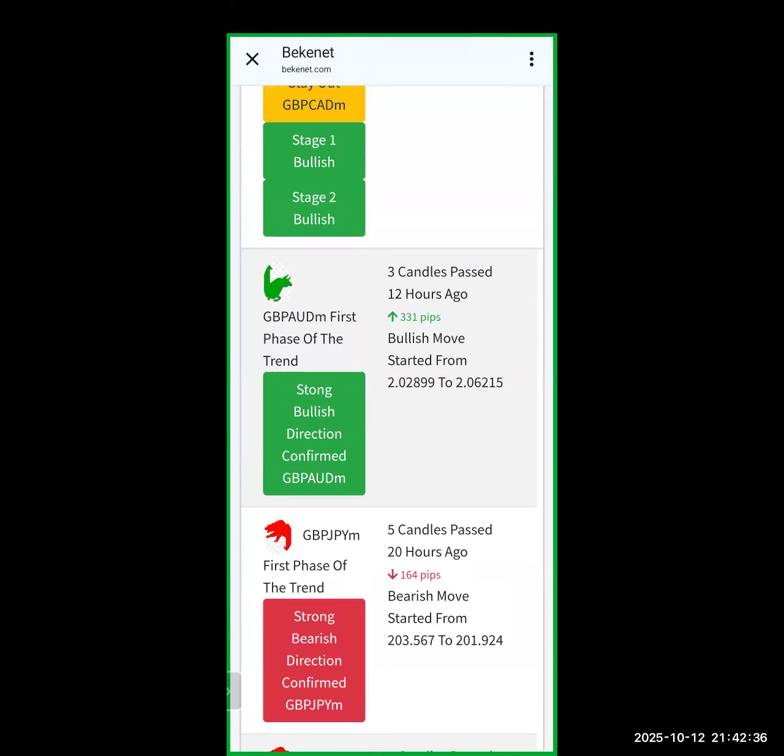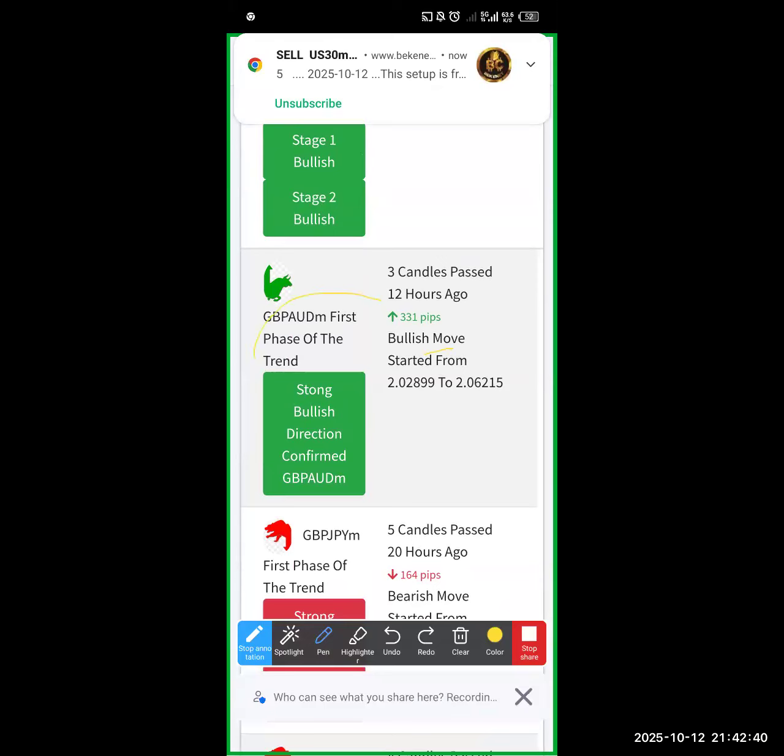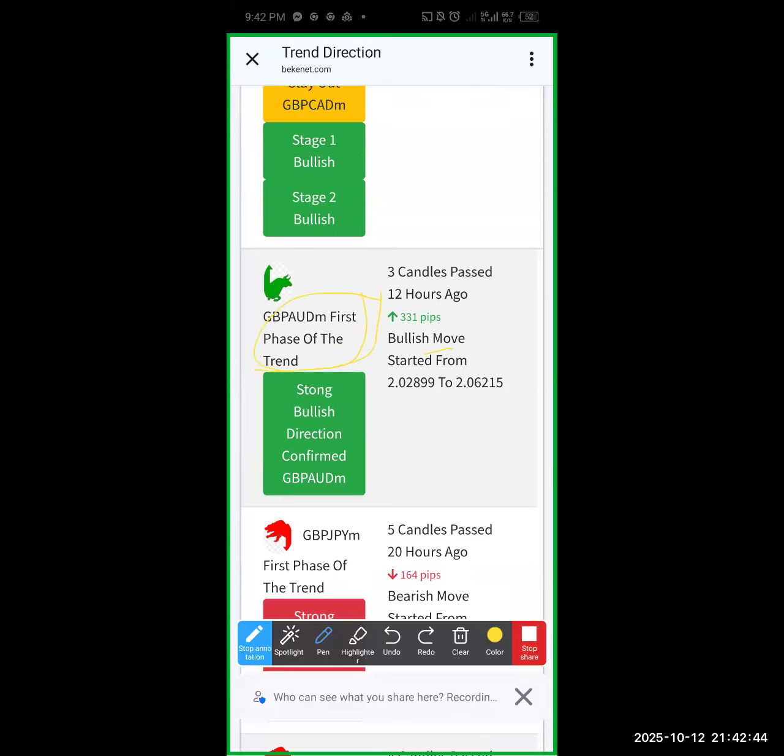Then we still have another thing here. In the trend direction, there's what we call the first phase. I almost forgot that. This first phase simply means that the direction just started now. It's just started moving from the downside to the top side. Now, as you can see, we have the candle number.